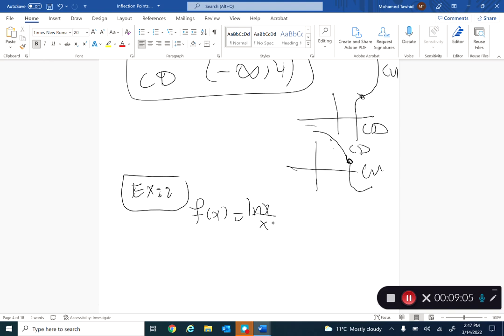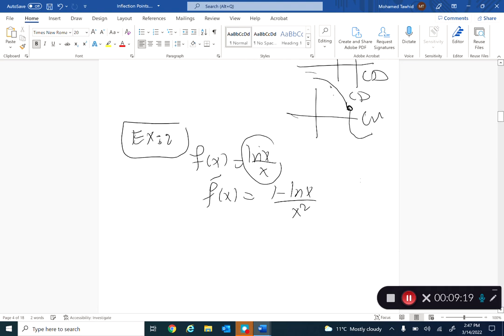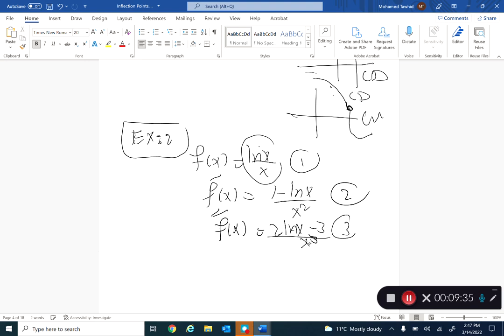Let me give you the first derivative, using the quotient rule: 1 minus ln x over x squared. That is equation 2. The second derivative, after I simplify, is 2 ln x minus 3 over x cubed. That is number 3.